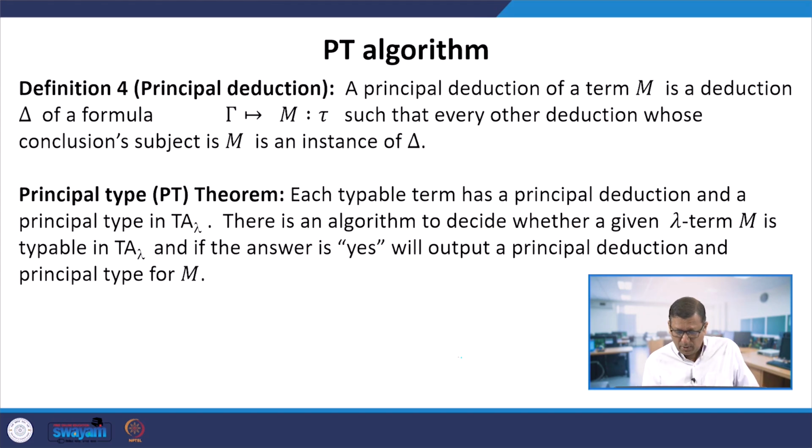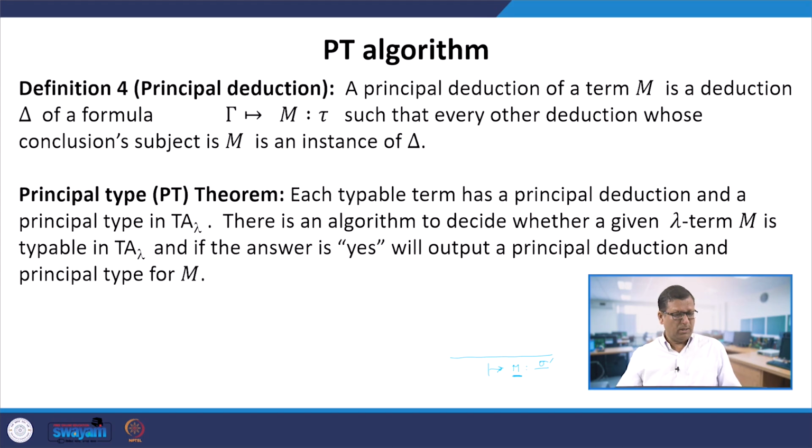So if you recall, when we are doing a deduction for M, we are trying to say M has some type sigma or sigma prime, and M should be the conclusion subject. If we are doing some other deduction with this subject, then that will be an instance of delta. If that be the case, we say delta is the principal deduction of M.